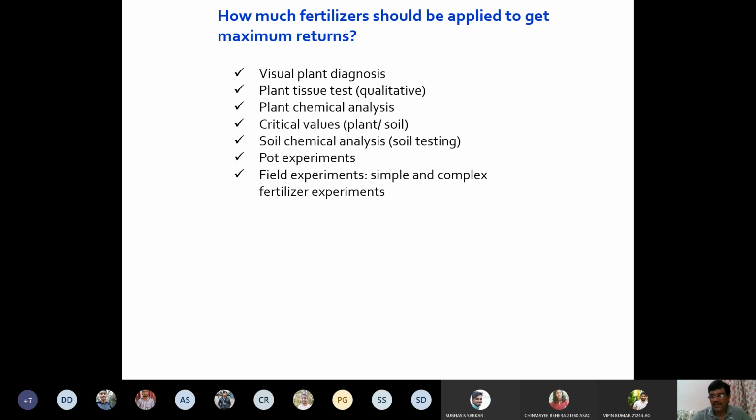Similarly, plant tissue tests, qualitative tests can tell you whether a nutrient has low, medium or high status, but it cannot guide us to decide the quantity of the fertilizer. Then plant chemical analysis, the same way, is also not that useful. And then the critical values concept came, it again cannot guide us how much fertilizer to be applied.